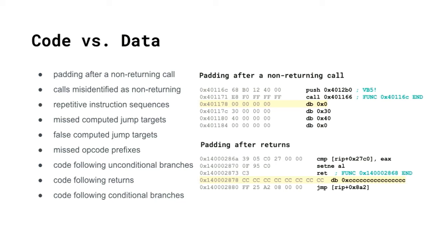We'll just show it as data, and any function that it links to, it will go and try to disassemble if it's in that list. Same with padding after returns. If you're using Visual Studio or some other common compiler, it will add a specific type of padding. You can configure that, but normally it's CC. So we try to identify that as best we can.